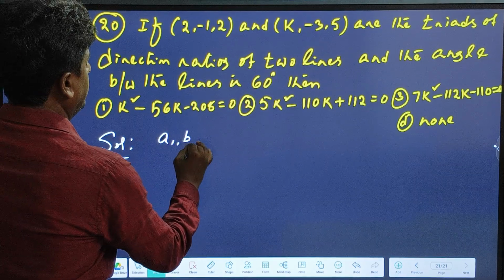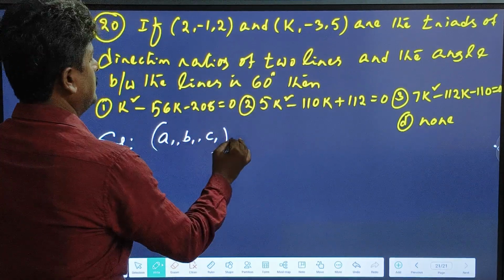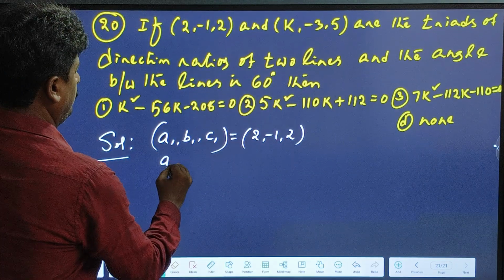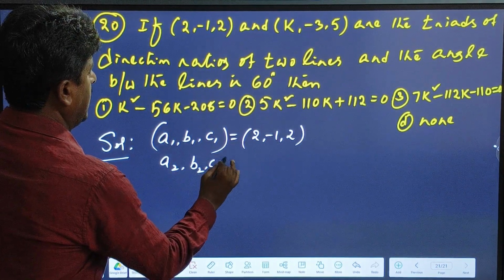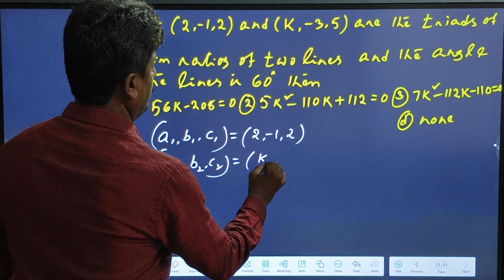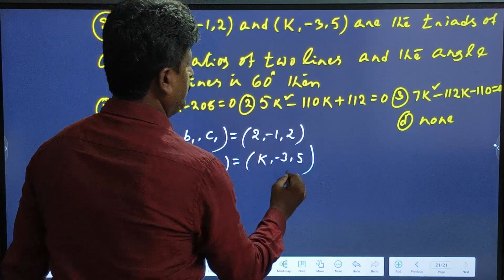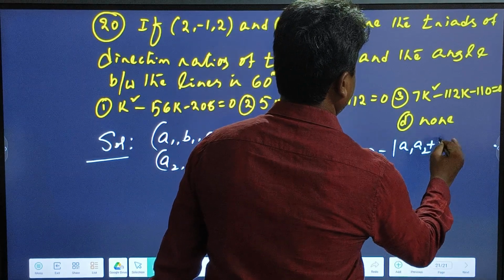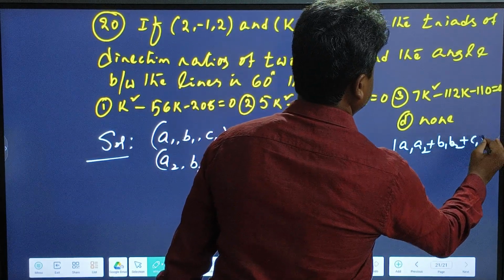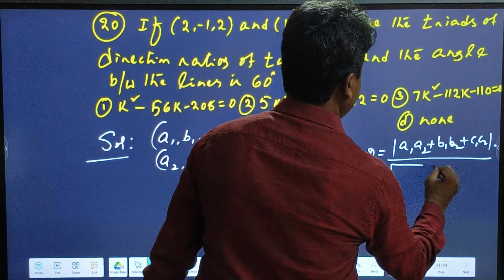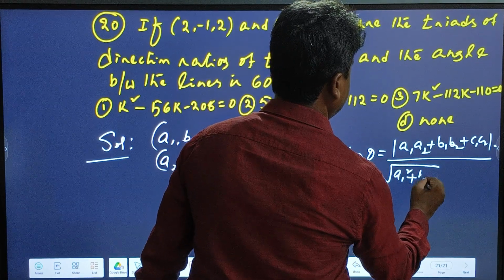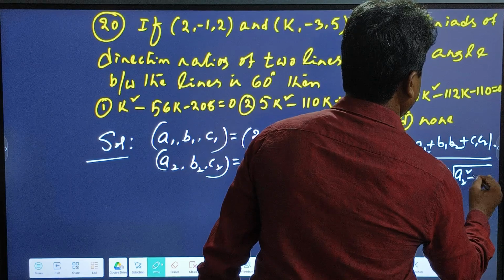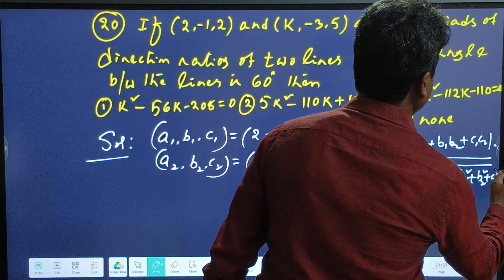Whenever we know the direction ratios of two lines, the angle between them: cos theta is equal to modulus (a1 a2 plus b1 b2 plus c1 c2) by under root (a1 square plus b1 square plus c1 square) times under root (a2 square plus b2 square plus c2 square).